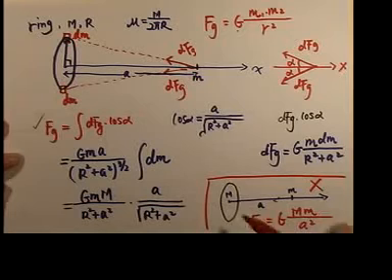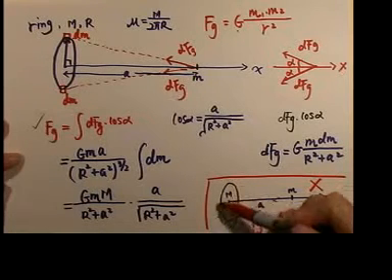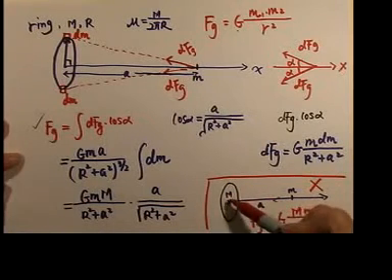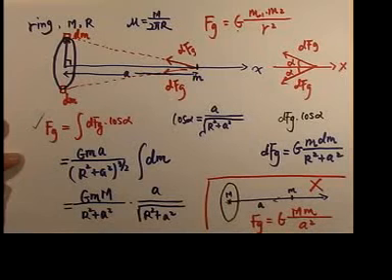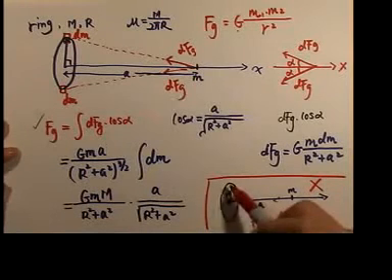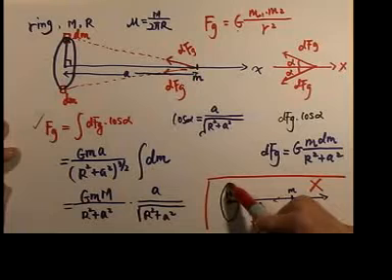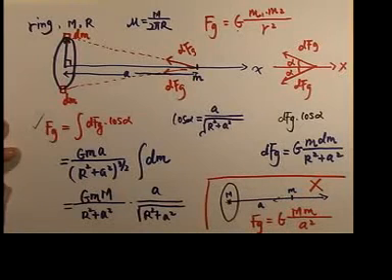You cannot assume the mass of the ring is concentrated here to attract the other one. Obviously, if you talk about center of mass, yes, you can. But right now we're doing gravitational attraction. Remember, only for a spherically symmetric distribution can you assume the gravitational attraction is from mass concentrated at the geometric center.